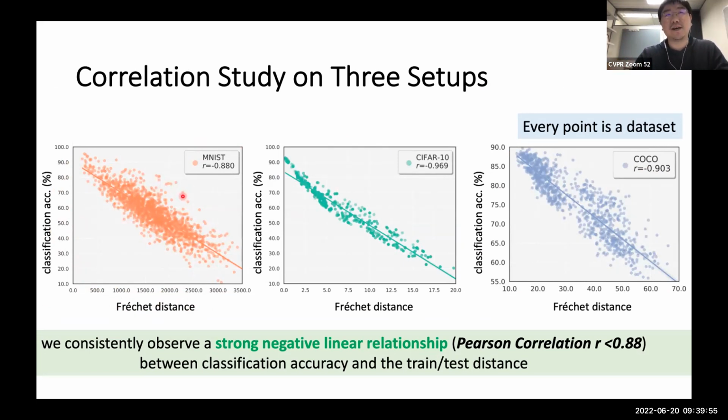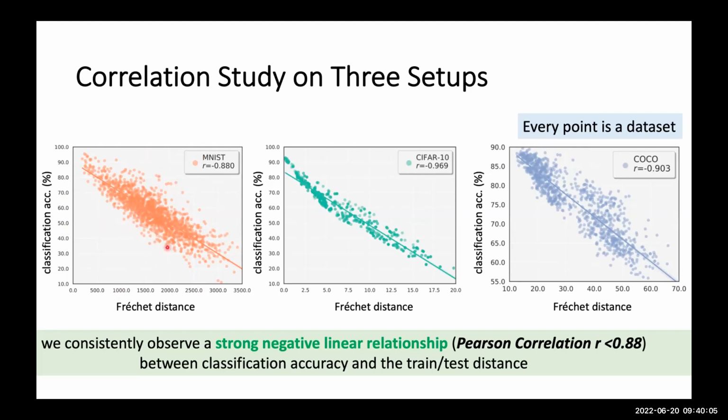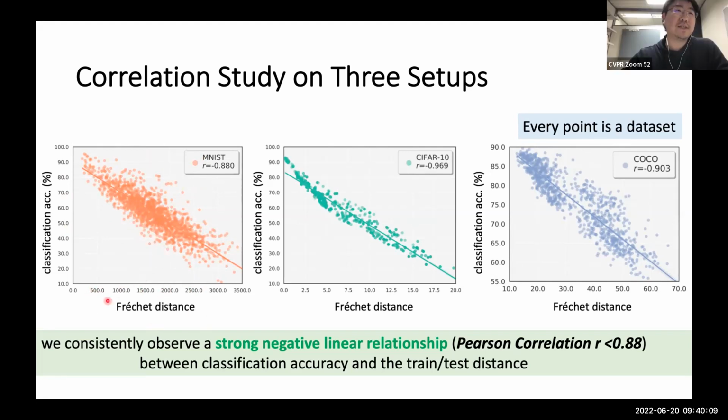Every point is a data set. Every point here is a test set, or you can call it a synthetic set. Every data set here is represented by two numbers: its feature distance to the training set, and its classification accuracy, where we test our classifier on this test set.